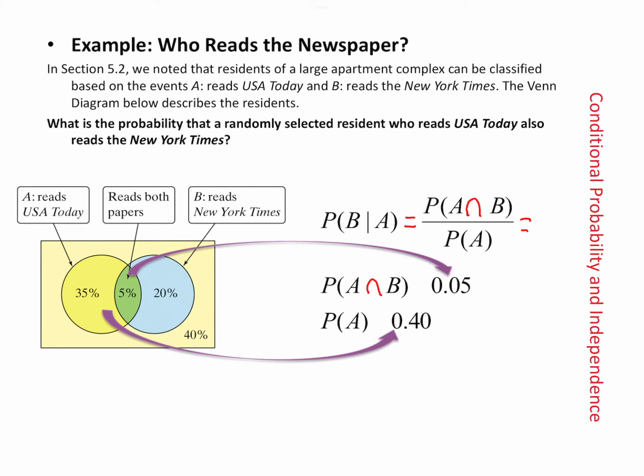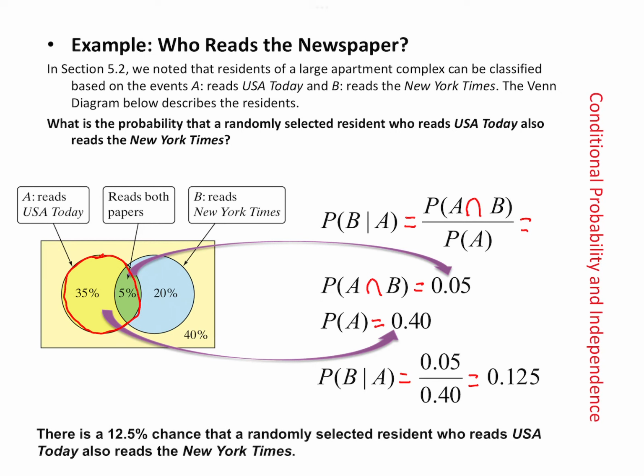That's our middle. The probability of A is 0.4 because the probability of A is everything in this circle. So if we plug those into our formula, 0.05 divided by 0.4, we would get 0.125. So there's a 12.5% chance that a randomly selected resident who reads USA Today also reads the New York Times. So that's using our formula with a Venn diagram.